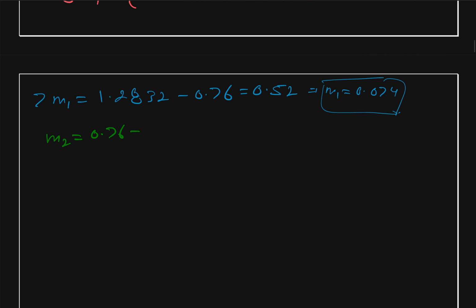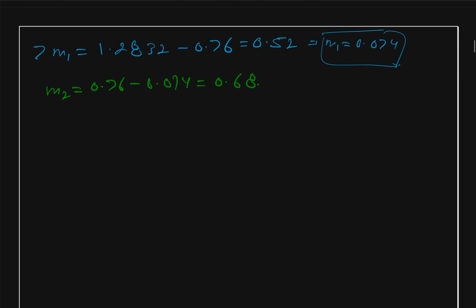So we have 0.76 minus and 0.76, this is 0.074, this will be giving us 0.068. Now we can find out our number of moles.